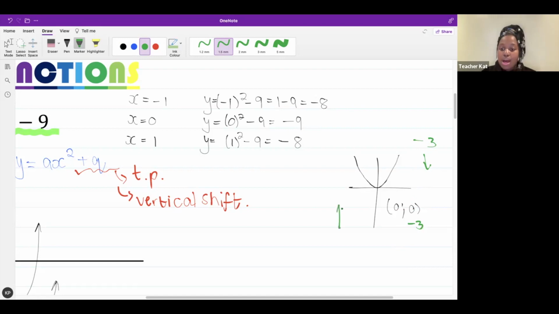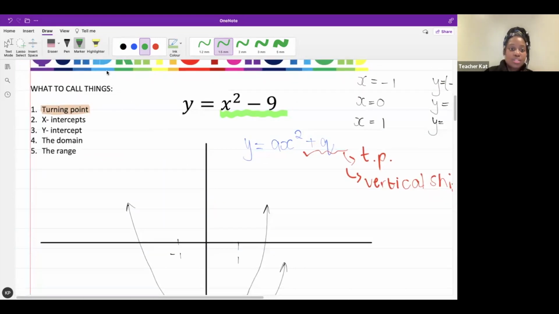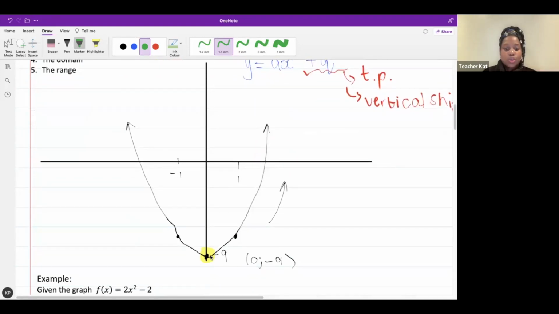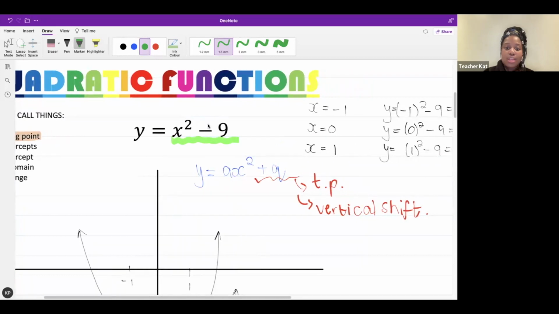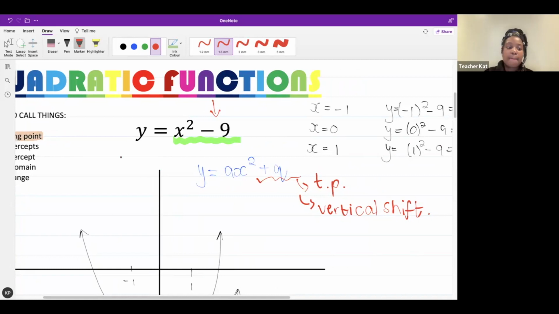And if I move up 7, then my y coordinate will be +7. So you guys know what the turning point is. You can find it by looking at your graph, but if you don't have a graph, you look at the q value, which in this case is -9.